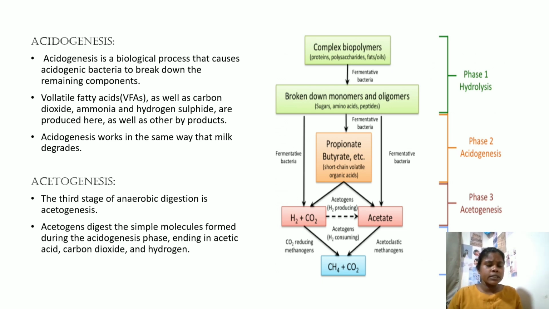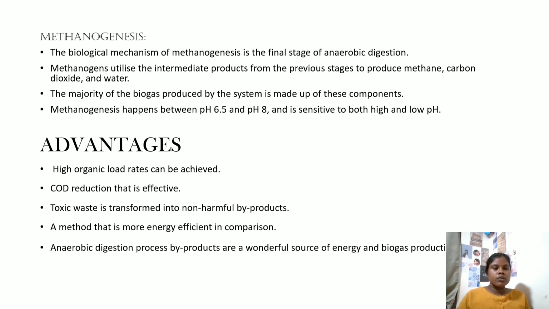During acetogenesis, the volatile fatty acids and the alcohol produced during acidogenesis are converted into acetic acid, hydrogen, and carbon dioxide. Methanogenesis is the final stage of anaerobic digestion, and in this process it utilizes the intermediate products from the previous stage to produce methane, carbon dioxide, and water.